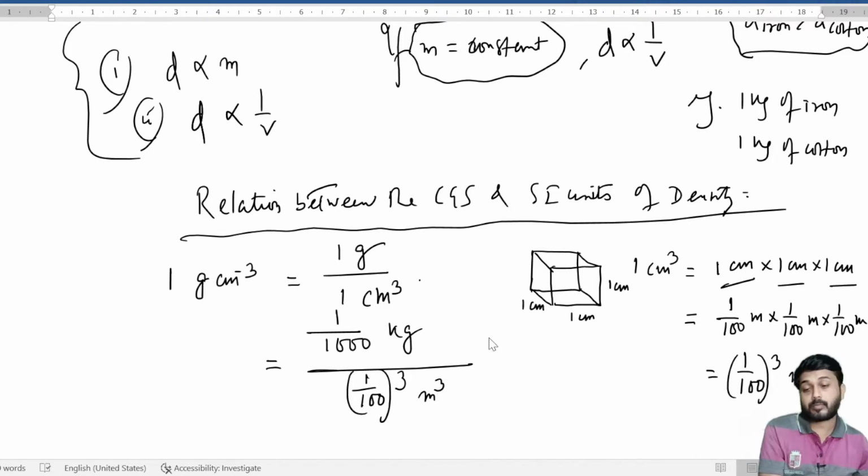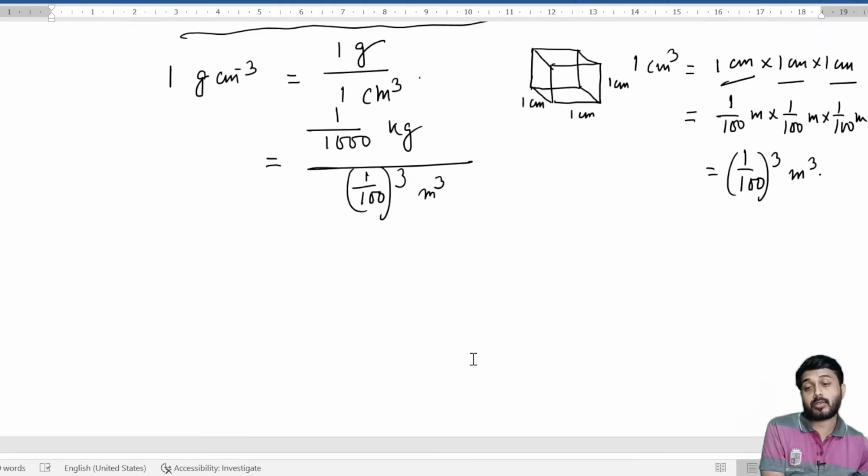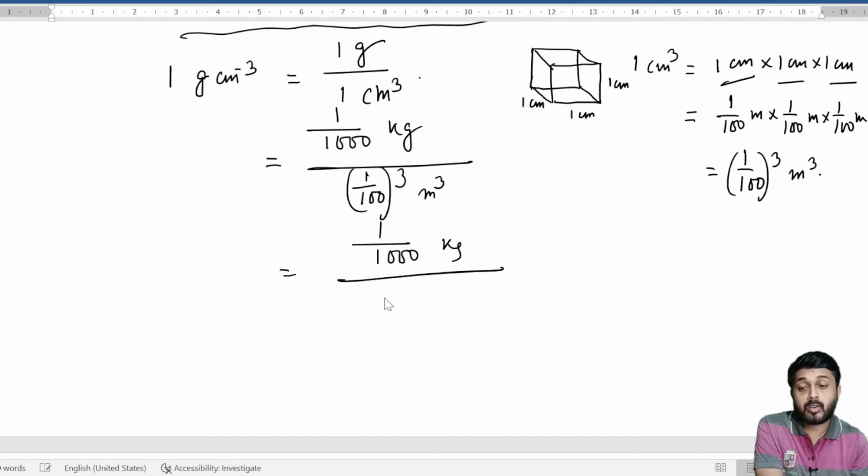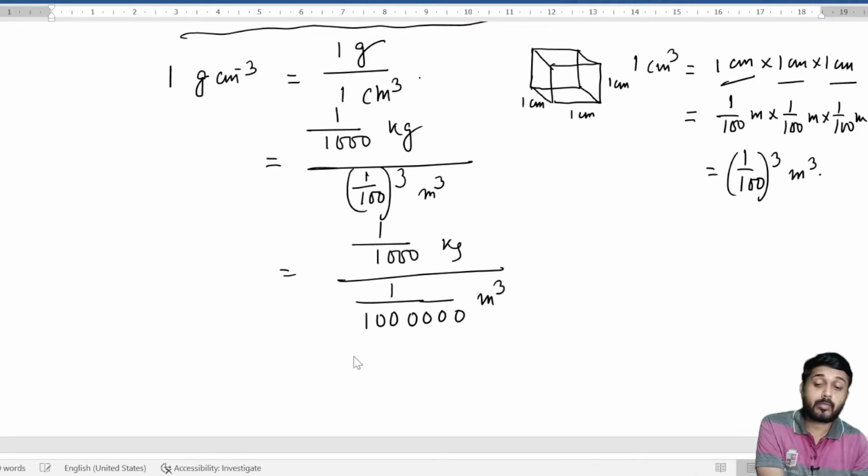Now see, 1 by 1000 kg, in the denominator you are getting 1 by 6 zeros over 1, because 100 whole cube is 100 into 100 into 100, so 6 zeros are coming, meter cube.